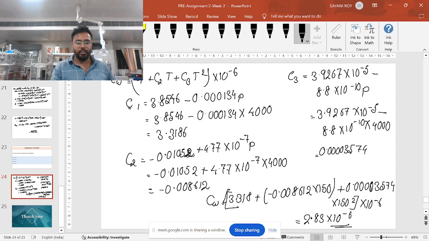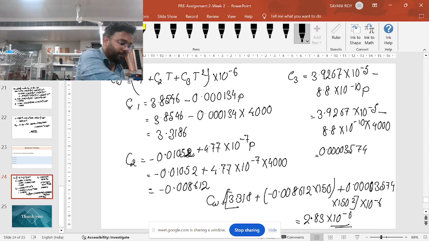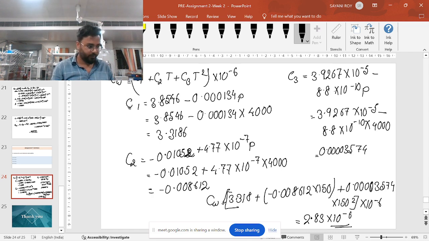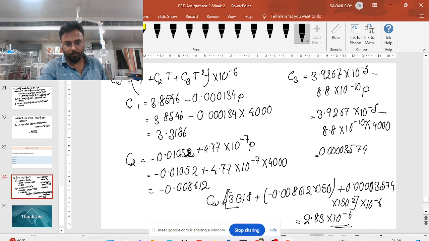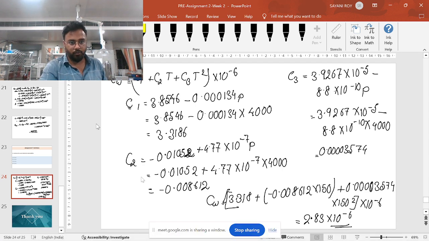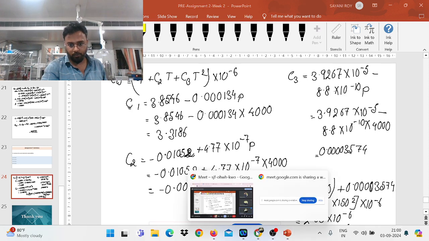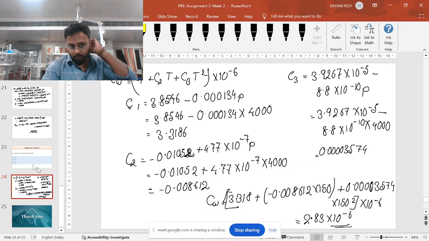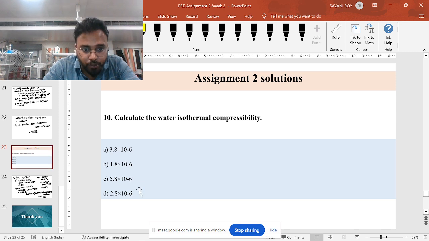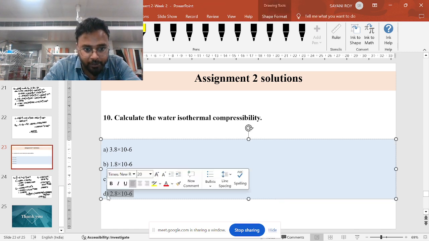So this is your answer. Write it down, and after that we'll end today's class. The correct option is 2.8 into 10 to the power minus 6, that is option D.